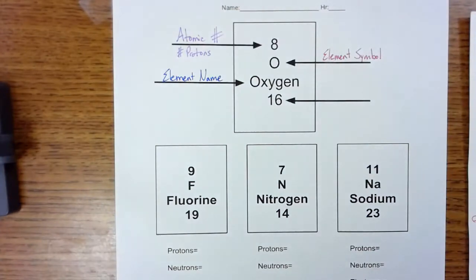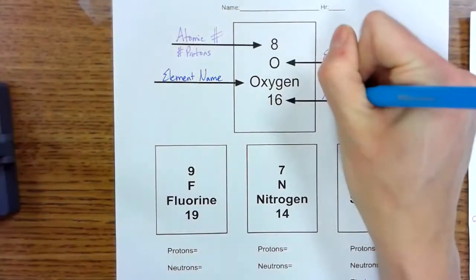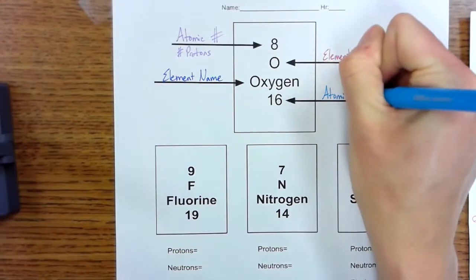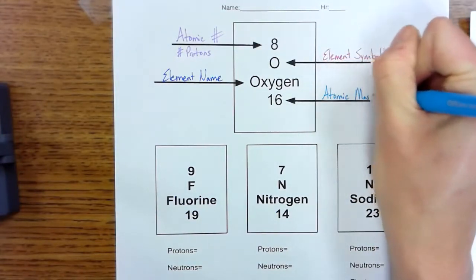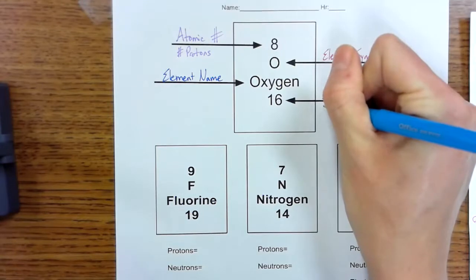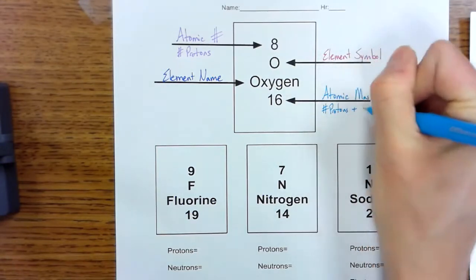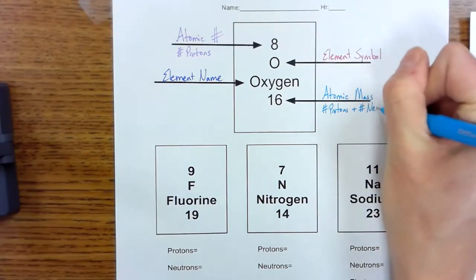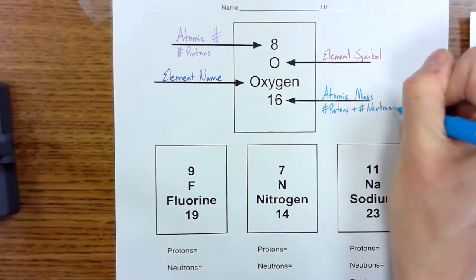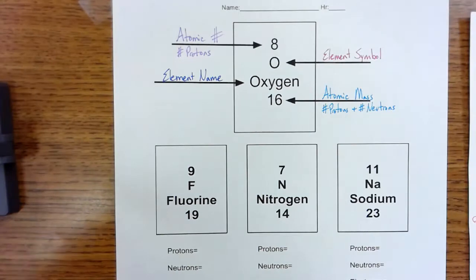And that 16 tells us the atomic mass. And the atomic mass is the number of protons plus the number of neutrons found in the nucleus of that atom.